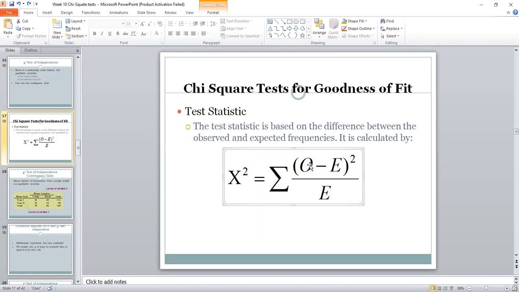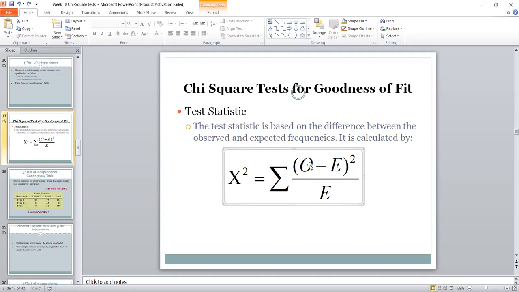And if the null hypothesis is true, this is based on theory, then the observed frequency O should be equal to the expected frequency E. They are supposed to be the same if the null hypothesis is true. But of course in reality they'll differ. So it's these differences between O and E that you are testing for.